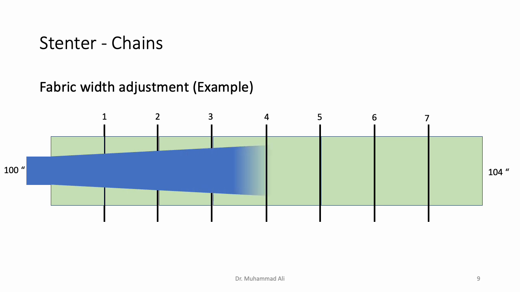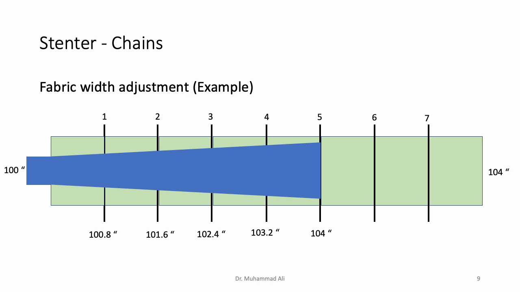So as the fabric enters into the Stenter, its width is gradually adjusted along the length of the Stenter on chain track guide number 1 all the way up to chain track guide number 5. As we saw in the previous calculation, on the first chain track guide the width can be increased to 100.8 inches.